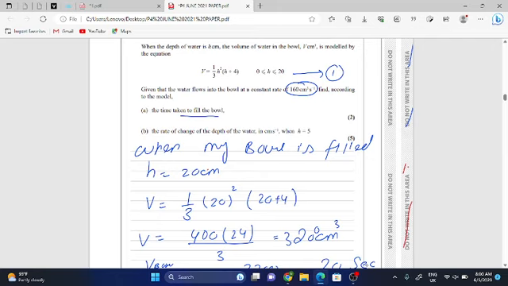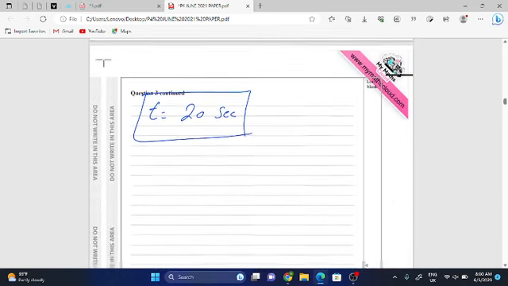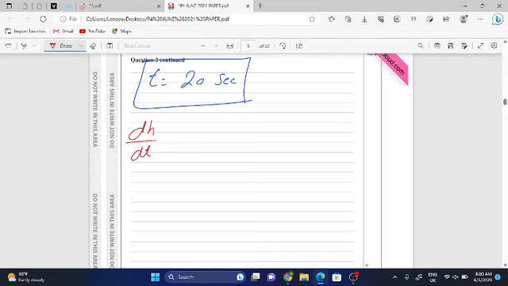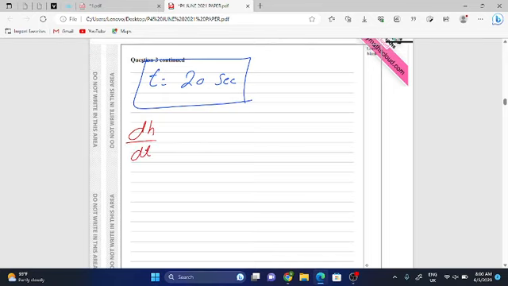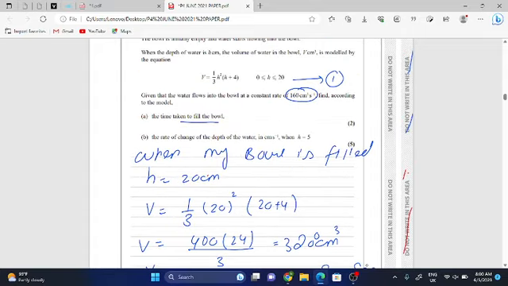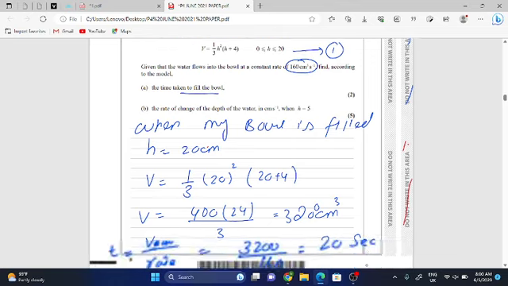Now here you have to make a scenario in your mind. You have to find the rate of change of depth of water. So rate of change of depth of water will be dh by dt, because h is height and t is time. Two things are given to me: the first one is volume in this equation number 1, and the second thing is the rate.